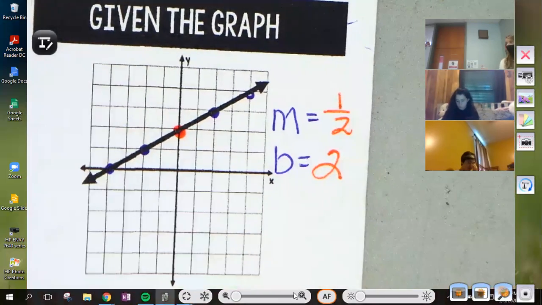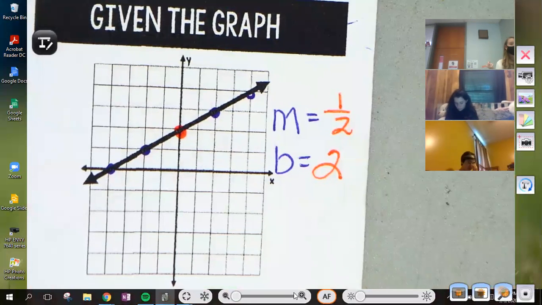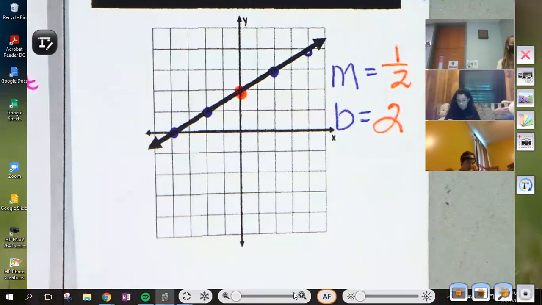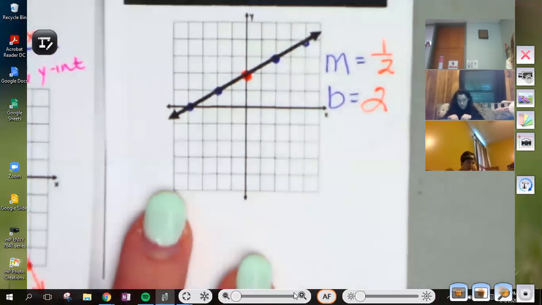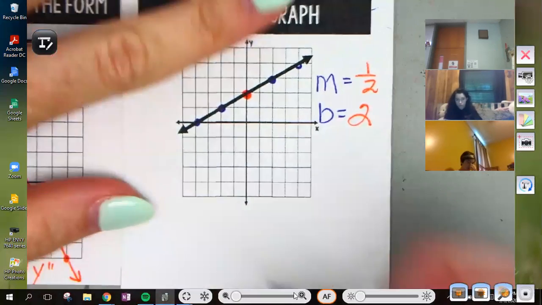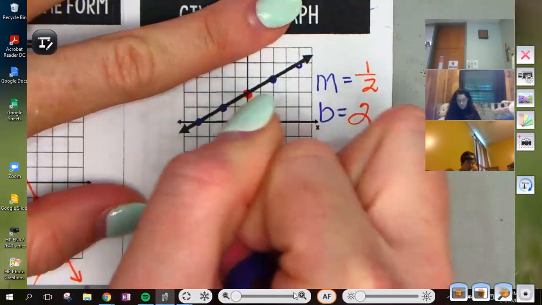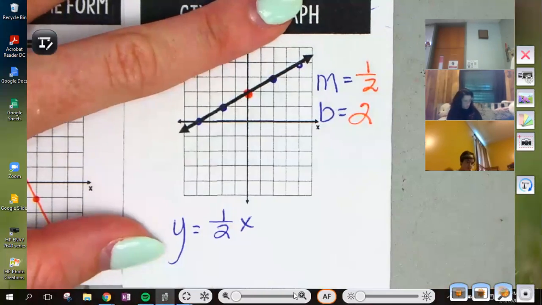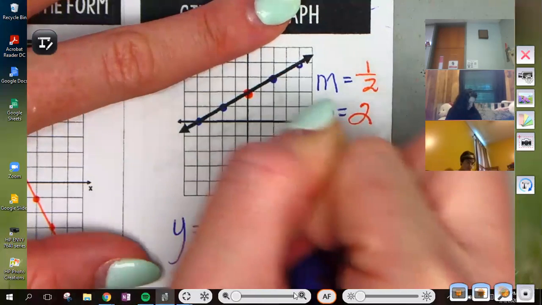Okay, is it positive or negative? Positive. How would I know that my slope was going to be positive just by looking at it? The line is increasing. Okay, so do I have everything I need to write my equation? Yes, I do. Okay, I do y equals m, which is 1/2, x plus b, which is positive 2.